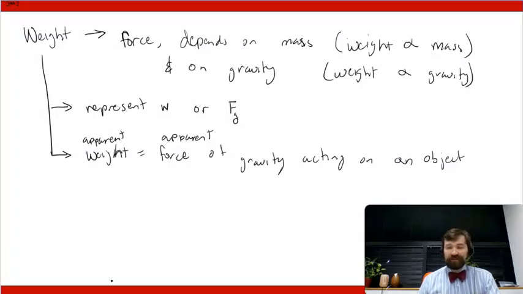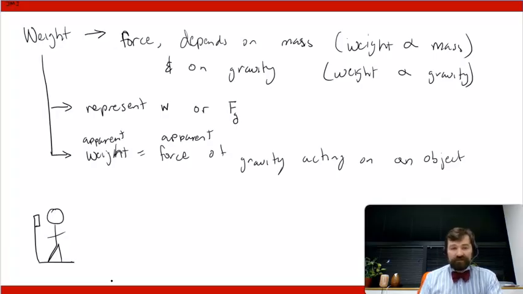Or alternatively, the apparent weight, the weight that reads out from a scale, is how much normal force the scale is applying to you, which under normal circumstances, no pun intended, is the amount of force that gravity is pulling downward on you with. So a simple diagram for that is if you're standing on a scale and you're looking at the scale, then you have Fg, and you also have this scale pushing upwards on you.